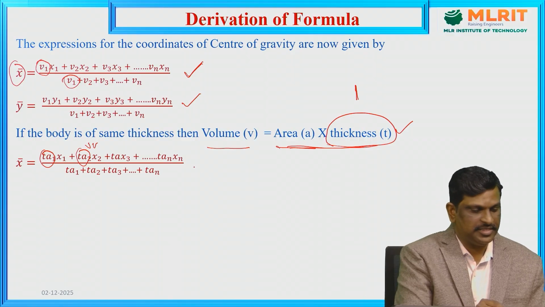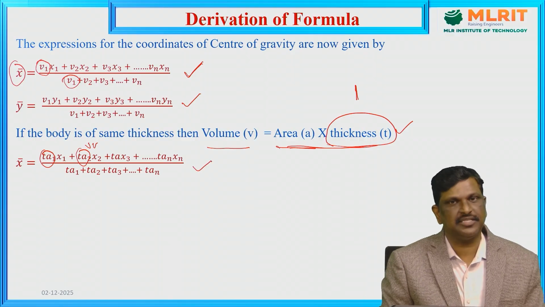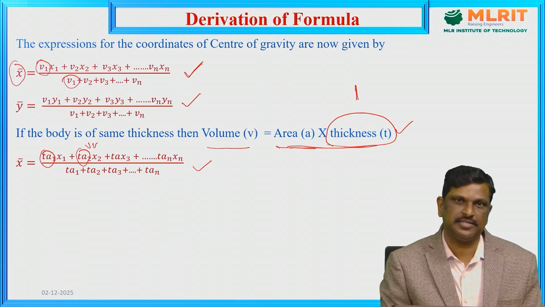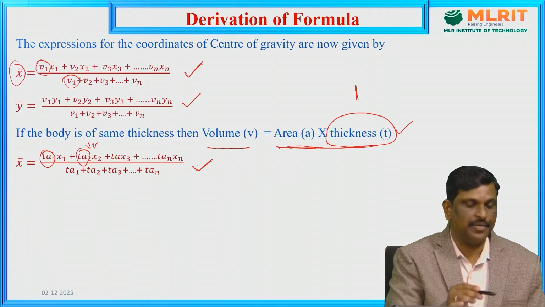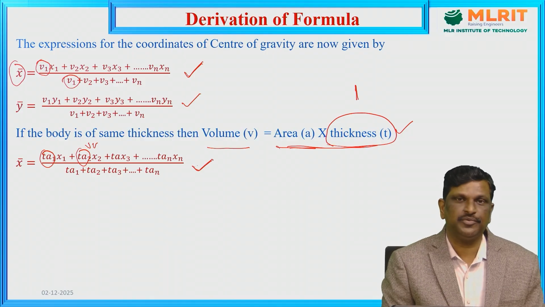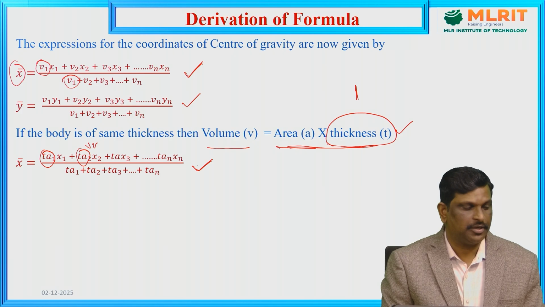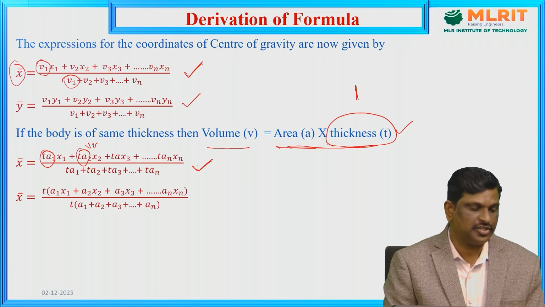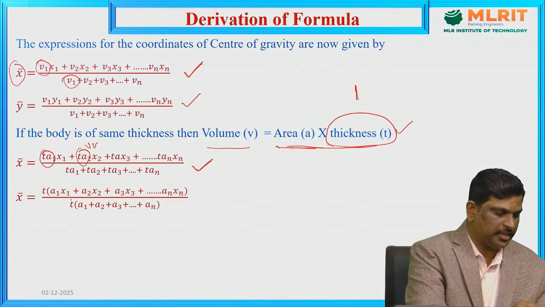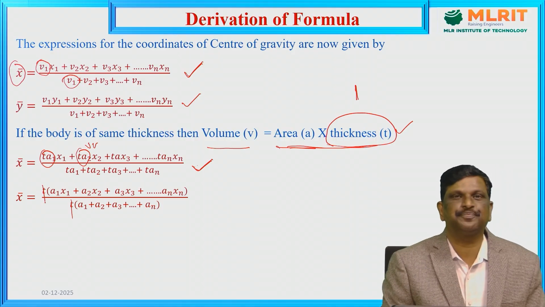Now in this equation again, the thickness of the body, which is assumed as unit or constant in the derivation, is same in both numerator and denominator. Now take the thickness term outside, which is common in both numerator and denominator, and cancel it out.